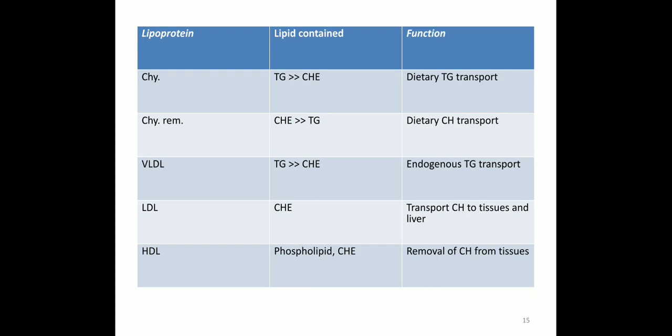So in detail, our focus will be on VLDL, LDL and HDL. All of you know that VLDL and LDL are the bad cholesterol, while HDL is a good cholesterol. So in depth, which lipid do they contain?